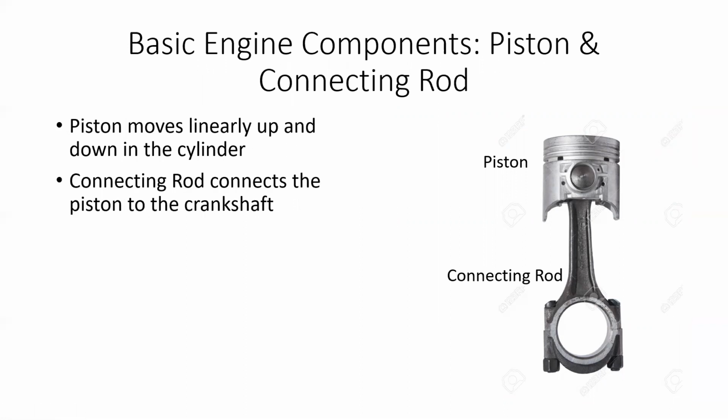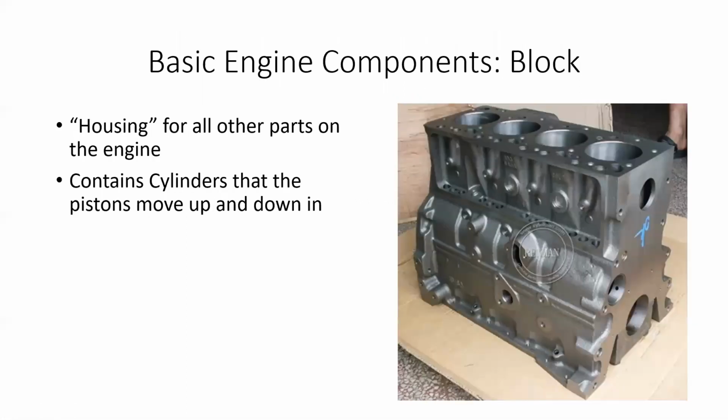So the piston moves linearly up and down in the engine. So the piston right here on the top is this portion right here. I know this is kind of a 2D picture, but this is a kind of a round shape right here. So the piston moves up and down inside the engine block right here. So these holes go down all the way into the bottom of this engine.